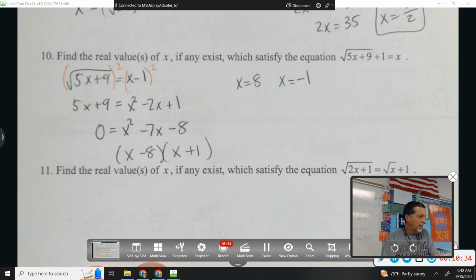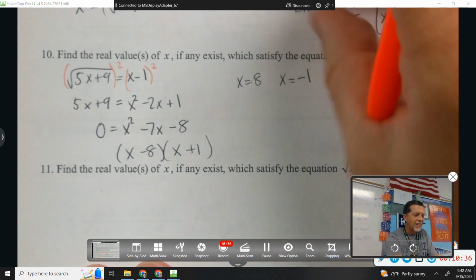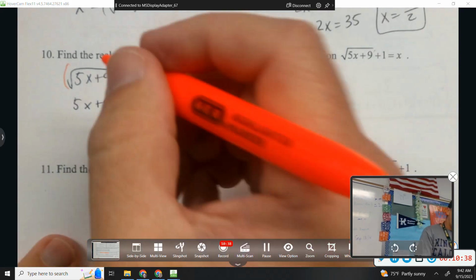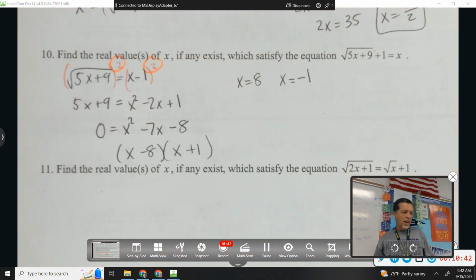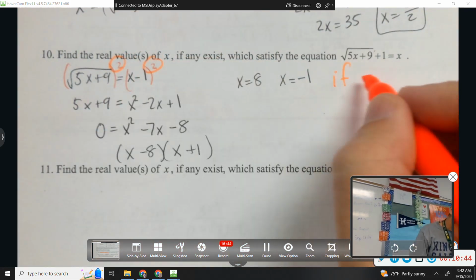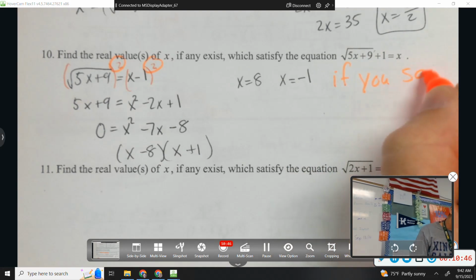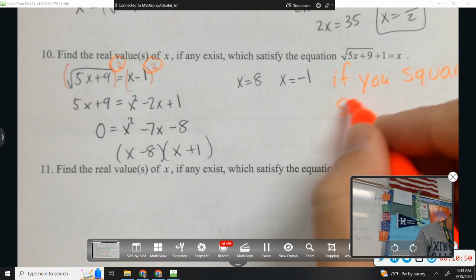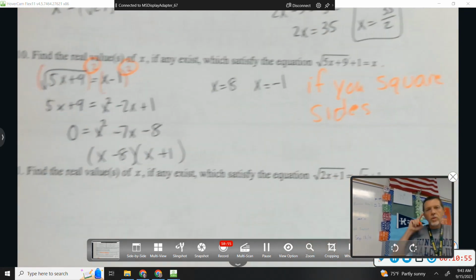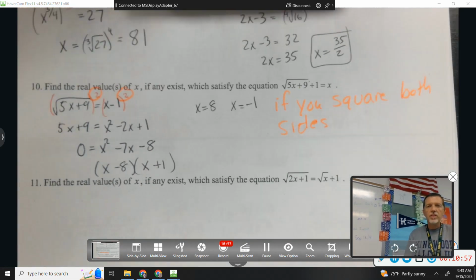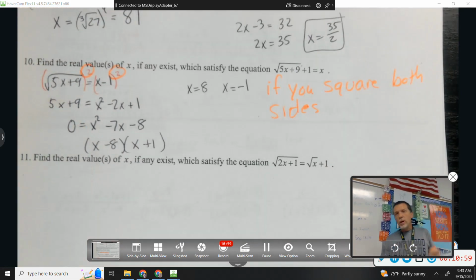But there's something going on in the background here. And that is, if you square both sides, you see that squaring wipes out the negative, and sometimes that introduces extraneous solutions.